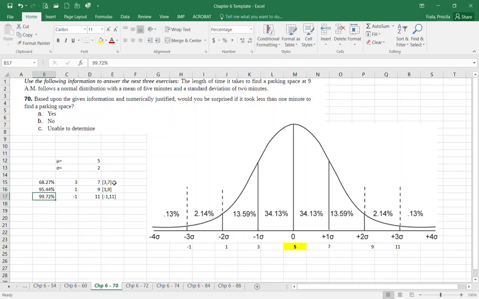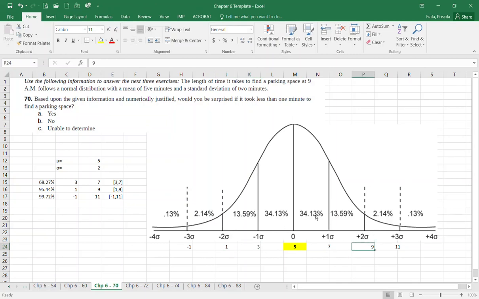Okay, so if you know that my average is a 5 and I have a standard deviation of 2 minutes, with just one standard deviation, my average to find a parking space is 5 minutes, and I'm expecting something between 3 and 7 minutes. Or if I push a little further, 1 and 9 minutes.